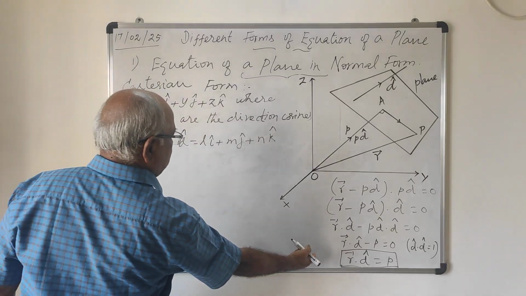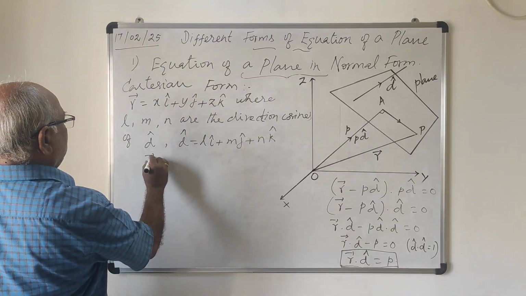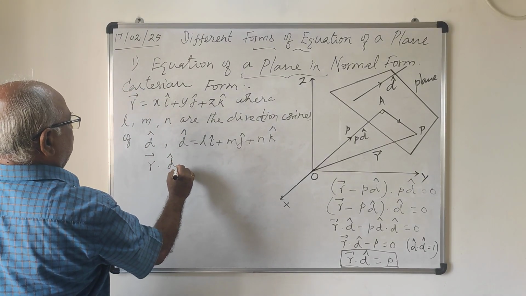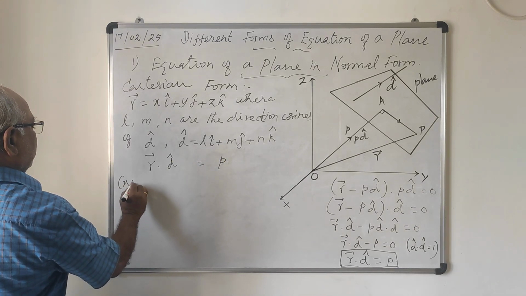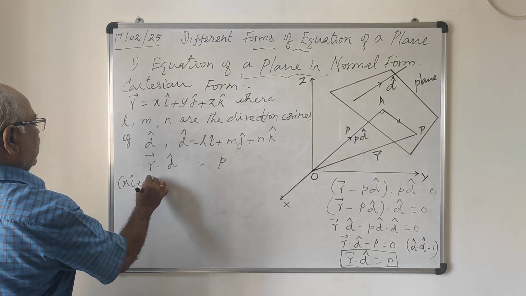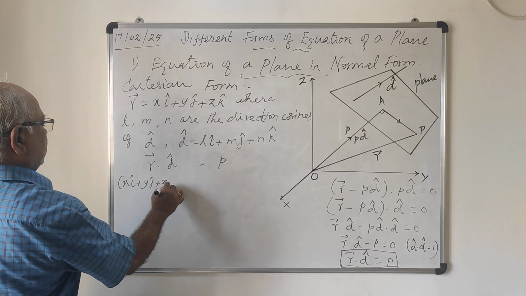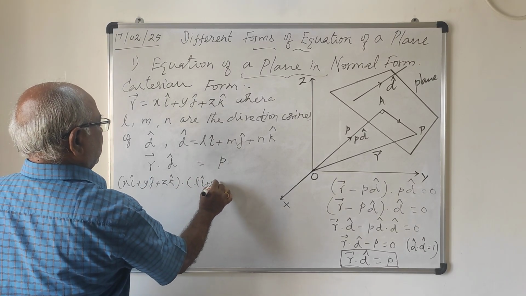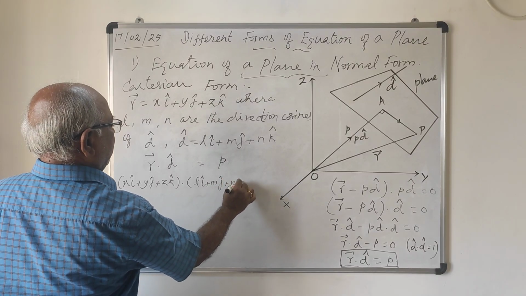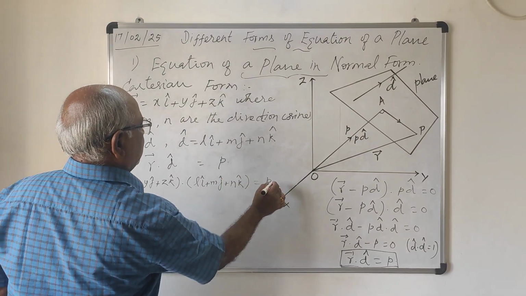Now, substituting in the relation r dot d cap equal to p, r is xi plus yj plus zk, dot li plus mj plus nk, equal to p.